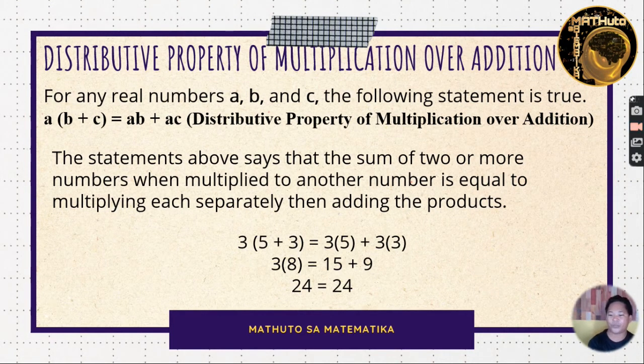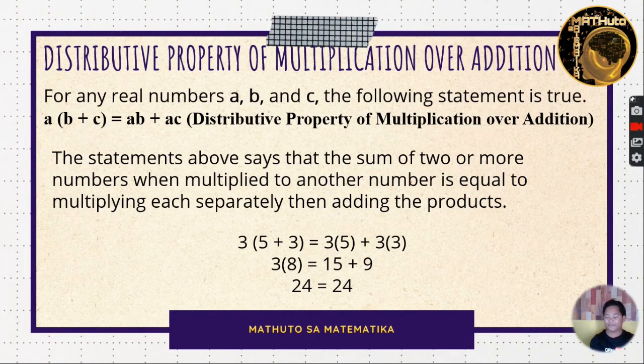For this example, we have 3 multiplied to the sum of 5 and 3. So we have 3 times 8, which is 24. So if we're going to apply the distributive property of multiplication over addition, we are going to multiply 3 to 5 and 3 to 3. Then, add po natin sila.